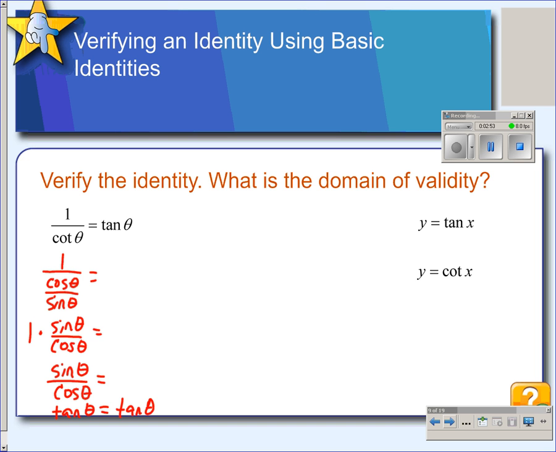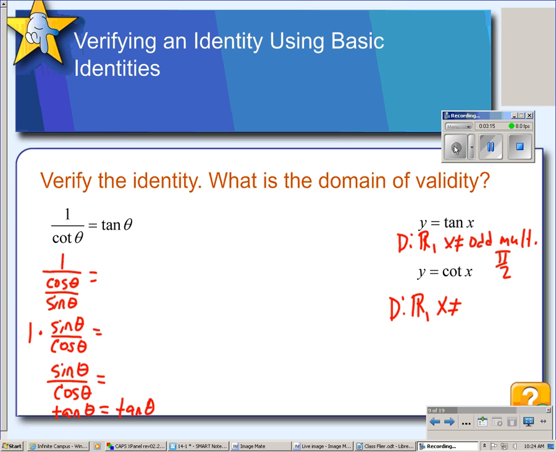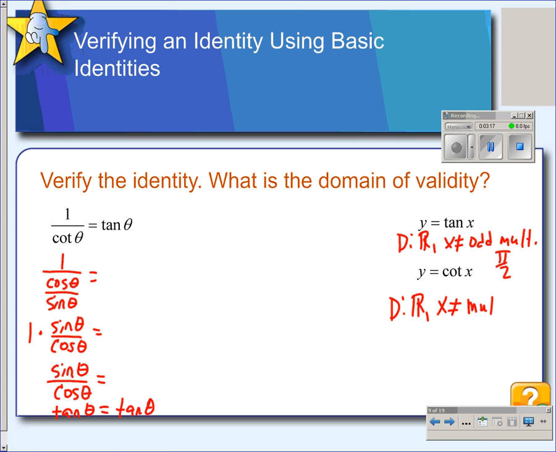Okay, what about the domain of validity? We know the domain to the tangent function is all real numbers except odd multiples of pi halves. And the cotangent function has a domain of all real numbers except multiples of pi.